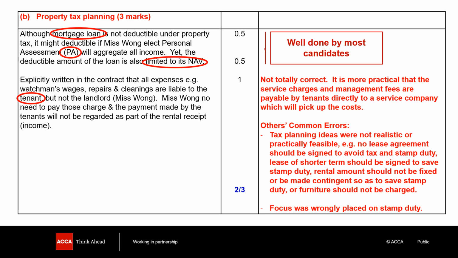As for other candidates, some ideas were creative but not realistic or practically feasible, such as some suggested not to sign the lease agreement to save tax and stamp duty. Strictly speaking, this is not practical nor ethical.